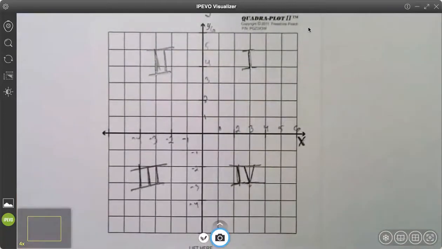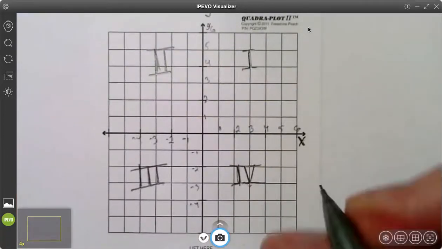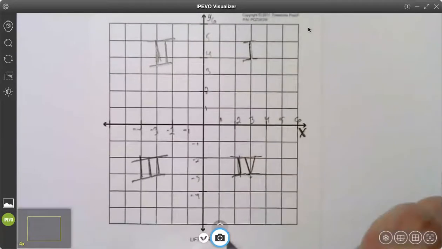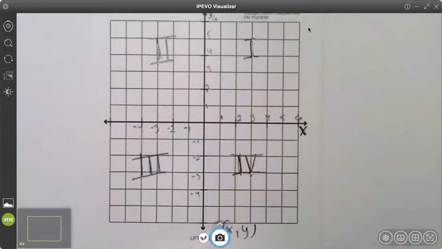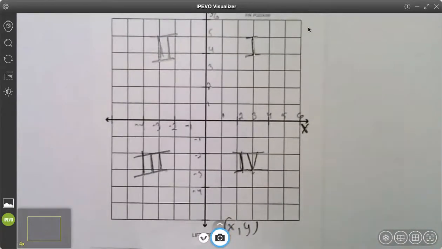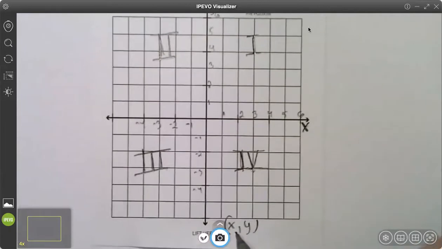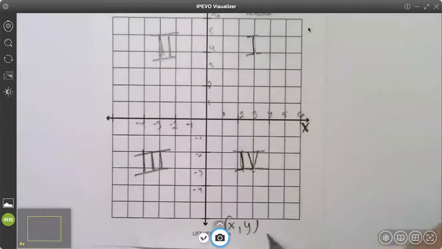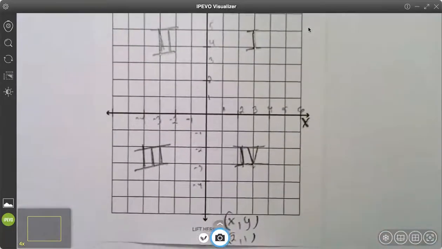When you're plotting coordinates, it is always listed as x, comma, y. So if you were told to plot 2, comma 1, you know that 2 is your x and 1 is your y.